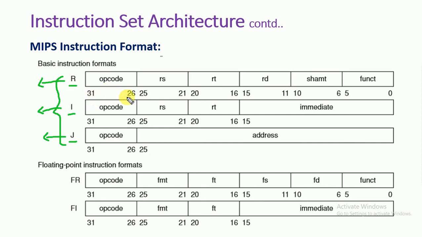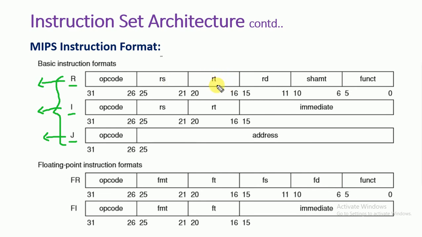From 31 to 26, the last bits are given for storing the opcode. For example, add is an opcode. For storing that opcode, we use these bits. Then the next 21 to 25, those 5 bits are used for storing RS. RS is the source register, that is the first register, the first value that is to be manipulated.